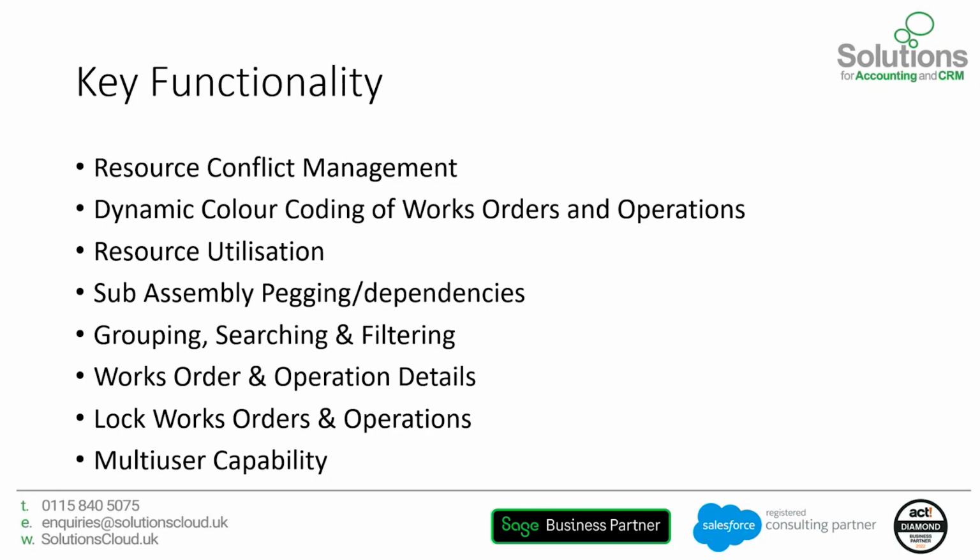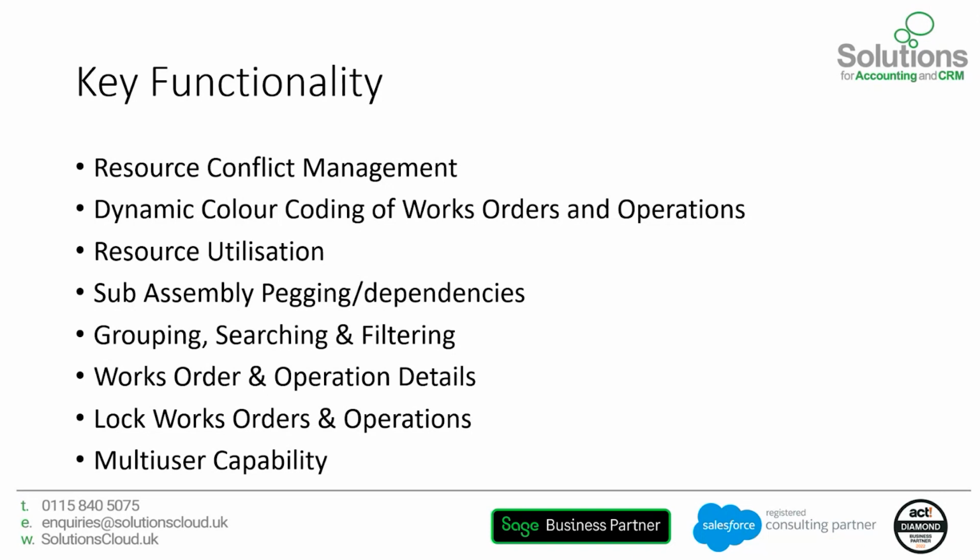What the system also offers is dynamic color coding against works orders and operations in the system. So a bit like some of the functionality we have within the standard Cim, where we've got items being highlighted in red to warn us of items that are going to be late.